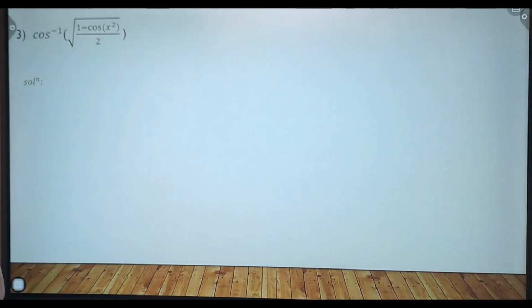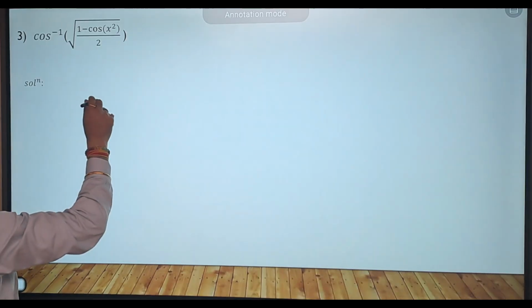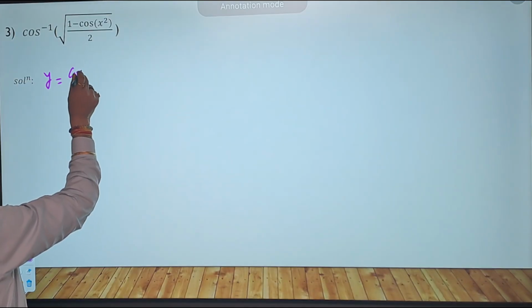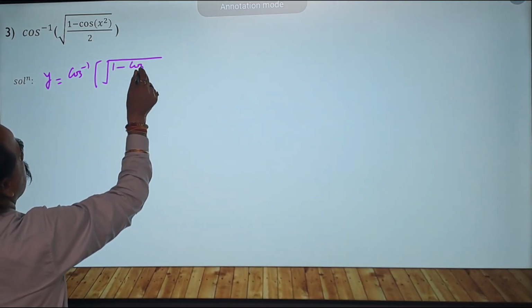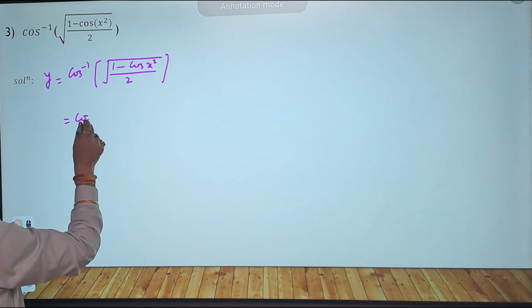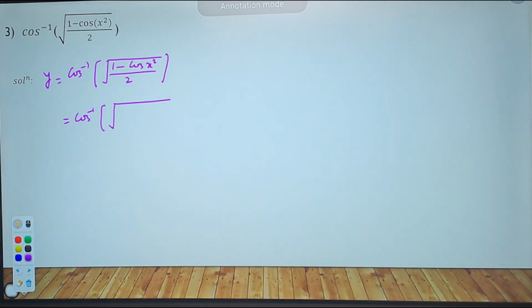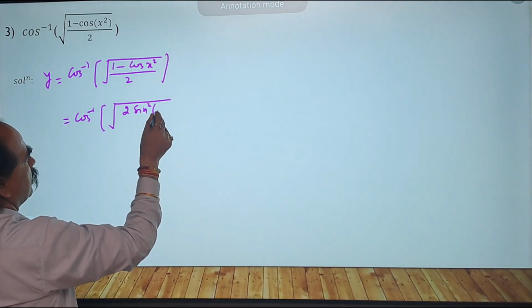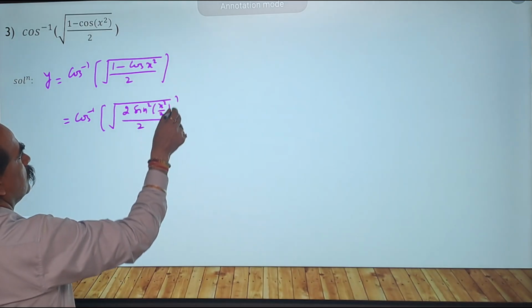Y is what? Cos inverse root 1 minus cos x. Y is cos inverse root 2 sin square x square by 2 upon 2. 2 will get cancelled.